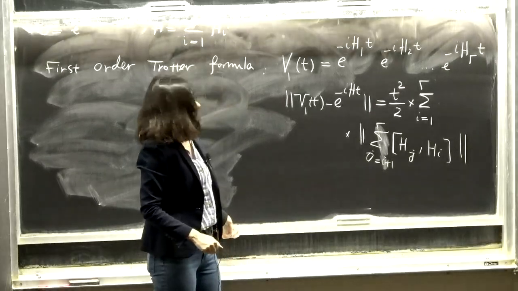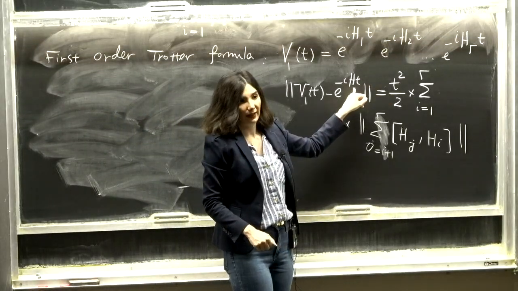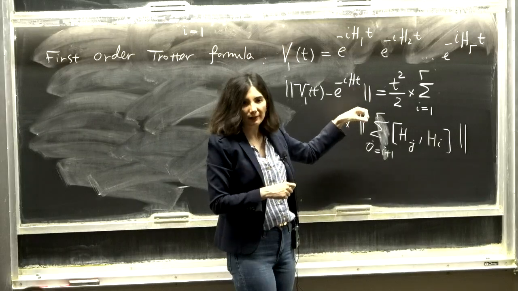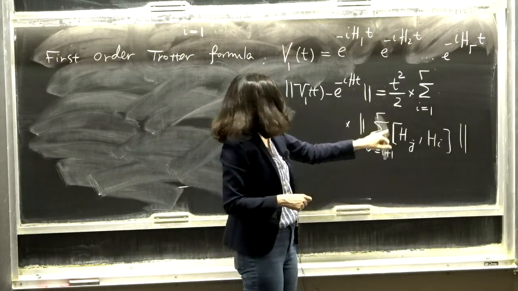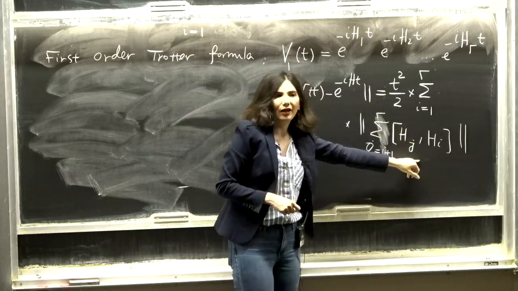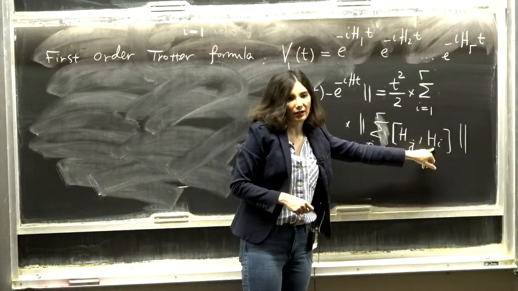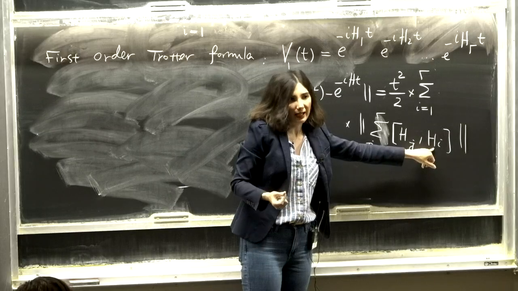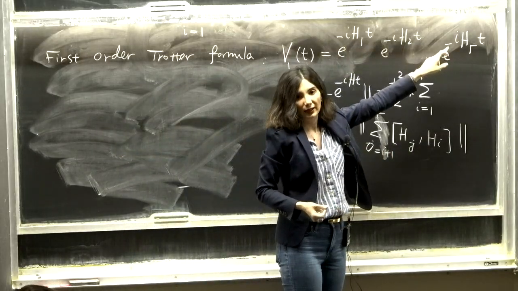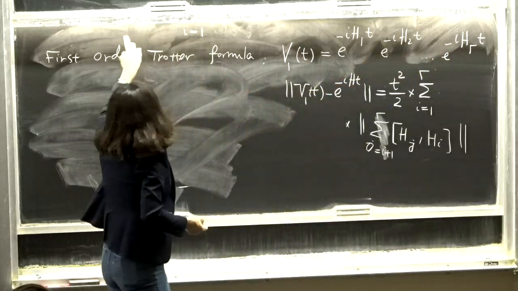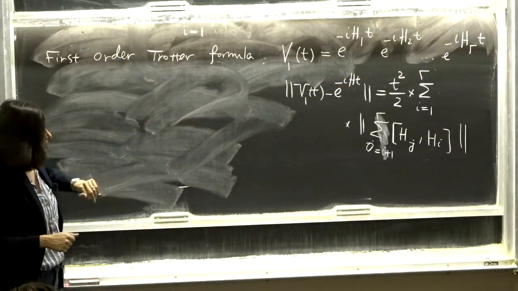So the first order Trotter formula has an error that goes like t squared. That's why it's better to have smaller time steps, so that we can reduce the error. But it also goes like all the possible commutators of the H_i and H_j terms. We expected this, because if these operators don't commute, then this is not going to be the same as e to the minus i times the sum of the H_i times t.